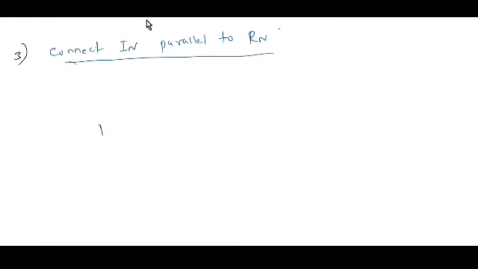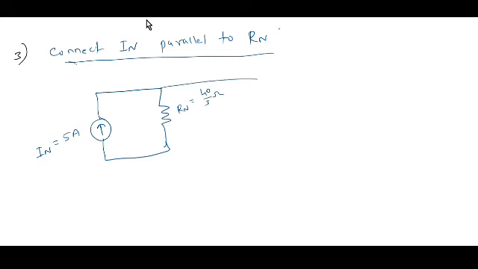We have the single current source, then we have to connect in parallel. Okay, this is our Norton current source, that is 5 ampere. Then this is the Norton resistance, just now we calculated 40 by 3 ohm. Then you connect back your RL to the terminals A and B.